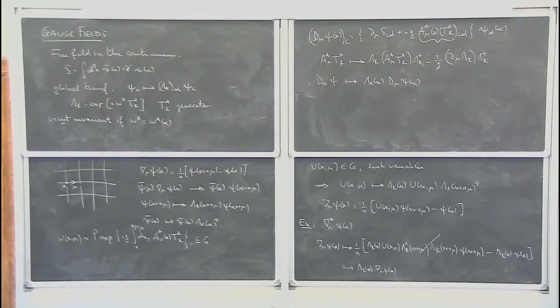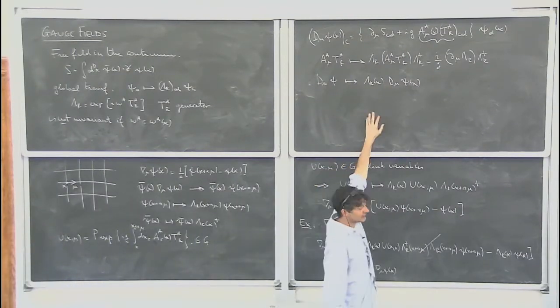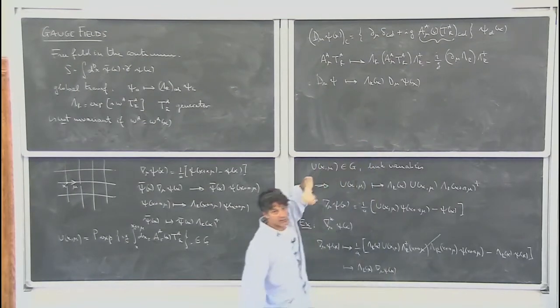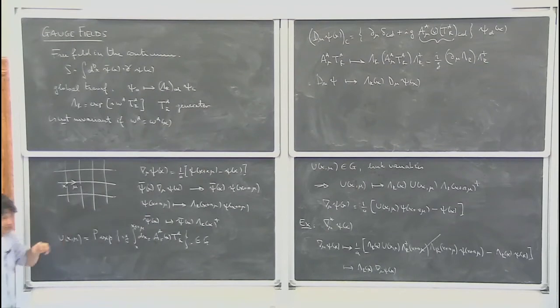So this is just the natural extension of this construction to the case where instead of having infinitesimal distances in space-time, you can only move by a finite amount which is dictated by A. Okay?